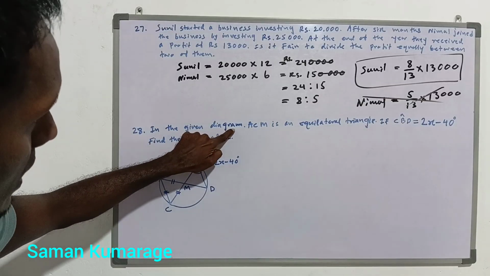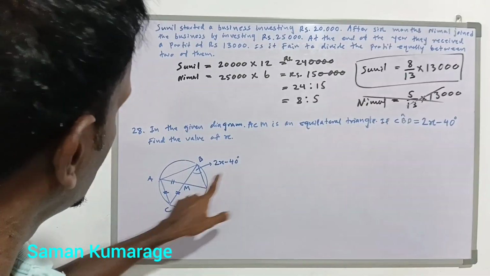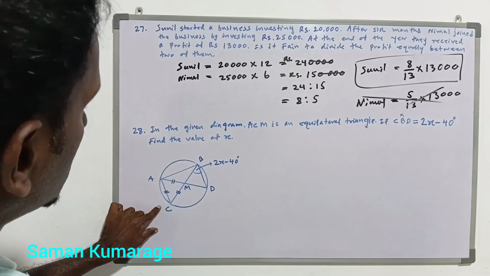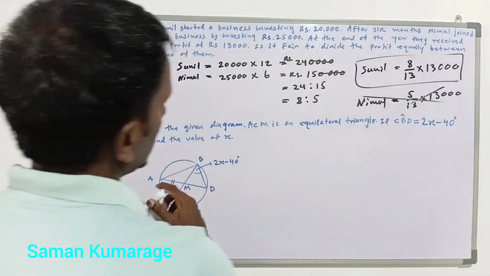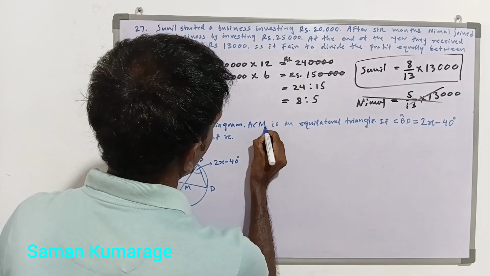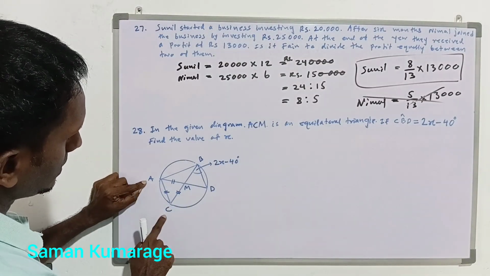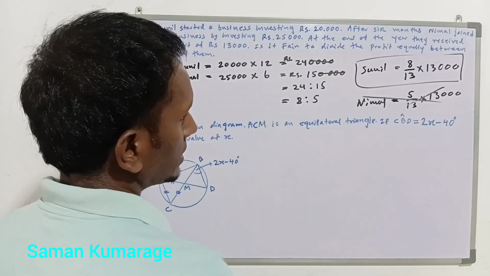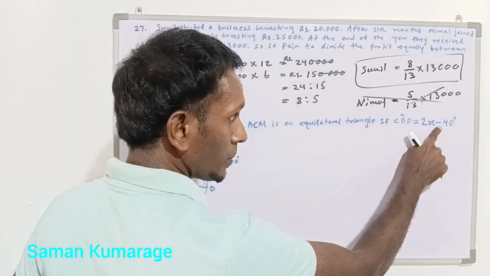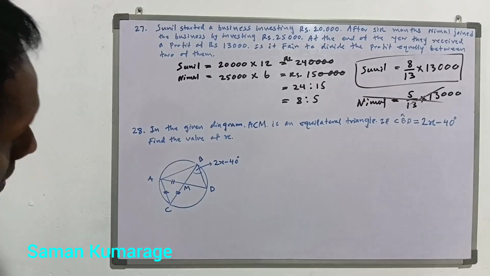In the given diagram, ACM is an equilateral triangle. If CBD equals 2x minus 40 degrees, find the value of x.